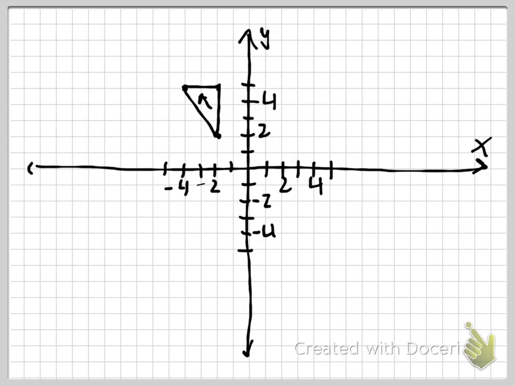Right triangle, right? Okay. And then B shows up at 5, negative 1. So let me give him a different color. And at 5, negative 3. And 2, negative 3.